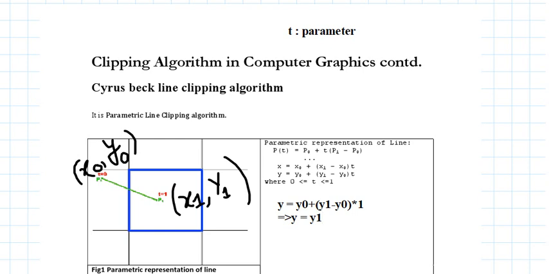So from this discussion, you can conclude that by varying the value of t from 0 to 1, you are going to get each and every point in between P0 and P1. So this is the starting point of Cyrus-Beck line clipping algorithm.